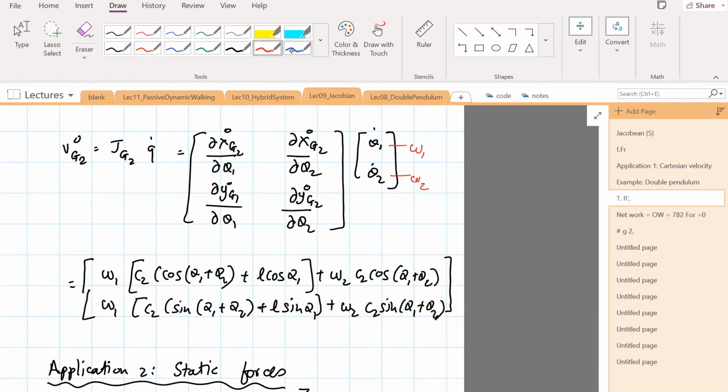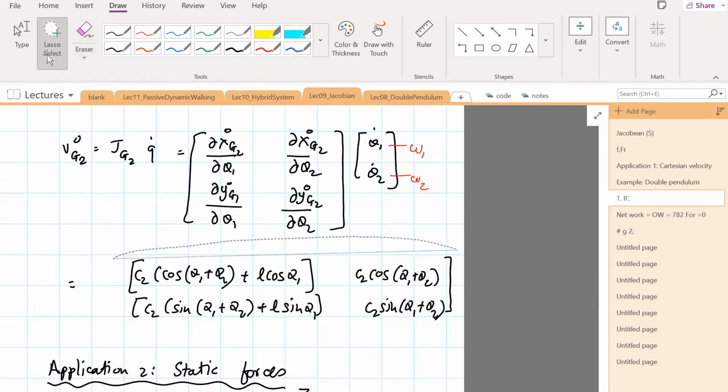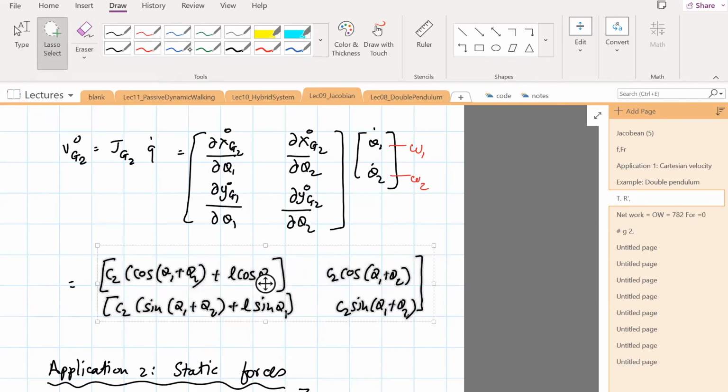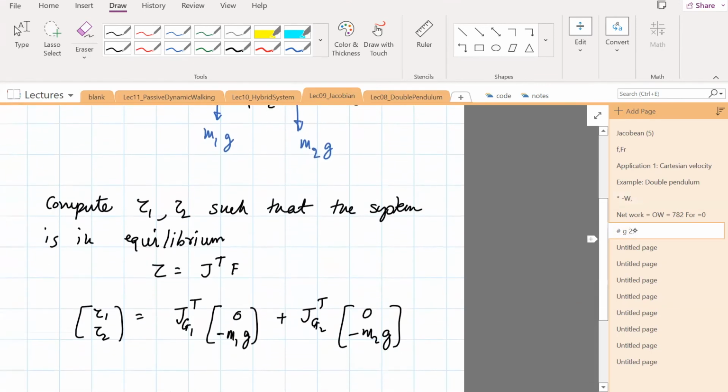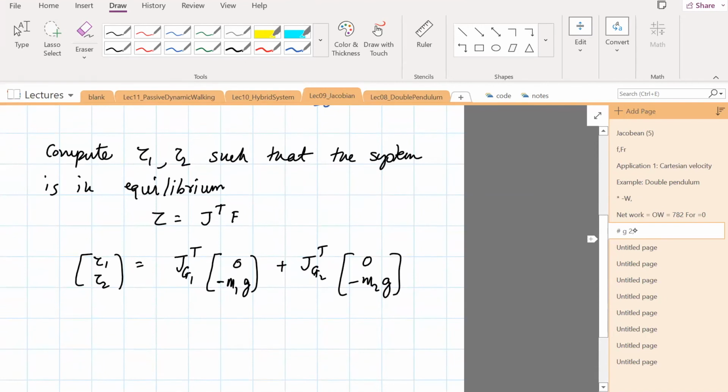I should have written the Jacobian slightly differently, so I'm just going to rearrange this so that it's in the form I wanted. Right, so this is the Jacobian of G2. I just need to take that, put it in this expression, and then I would have a formula for tau1 and tau2.